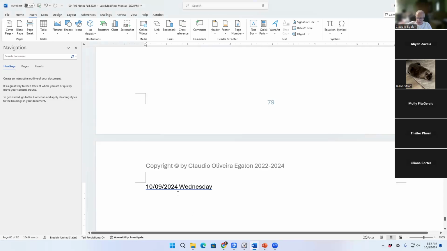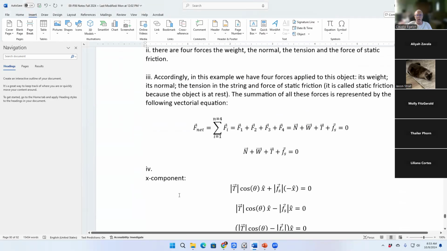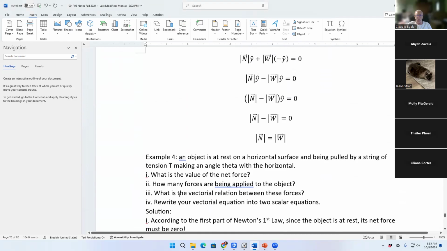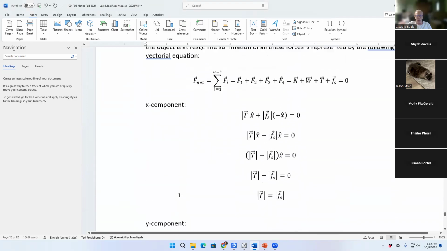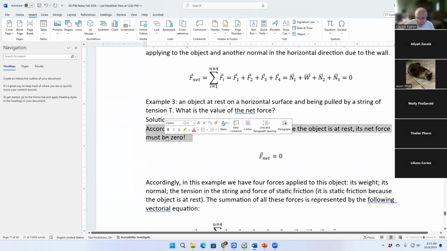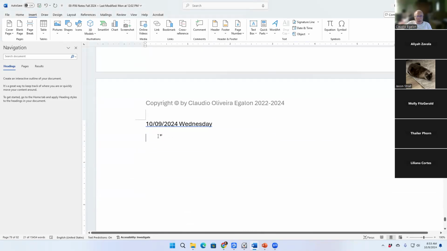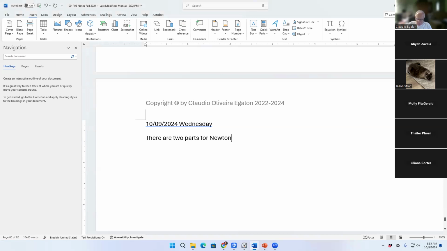Good. So let's see where we stopped last time. I was doing all sorts of calculations based on the first part of Newton's first law. There are two parts. Let's write that down here. There are two parts for Newton's first law.